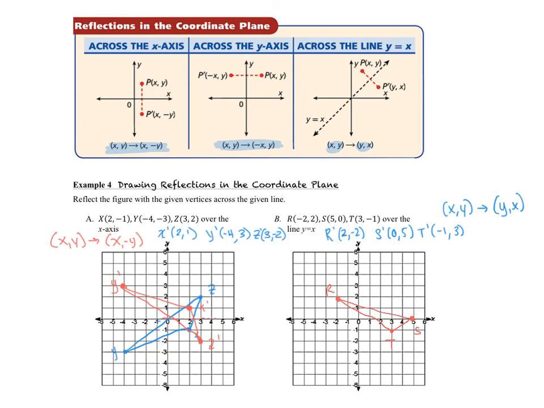And then my r prime, 2, negative 2, and s prime is 0, 5, and t prime is negative 1, 3. And that's what that will look like.